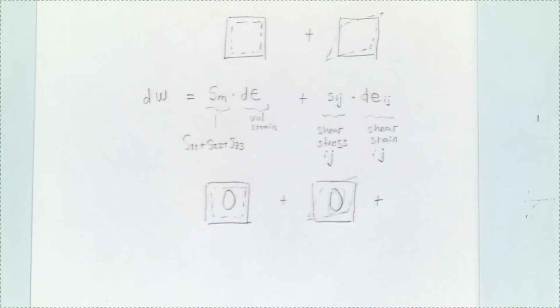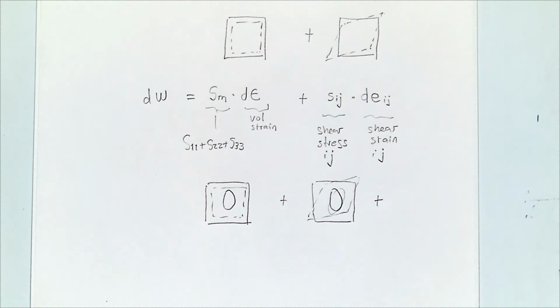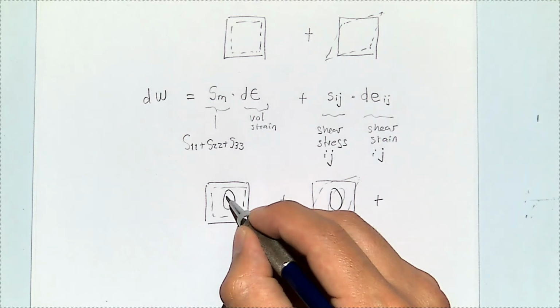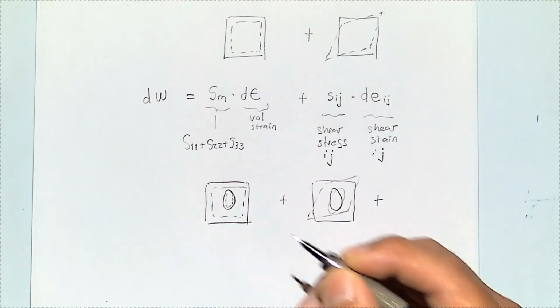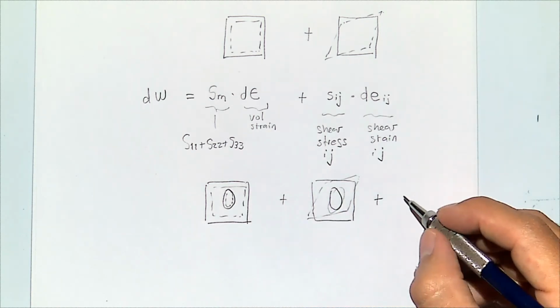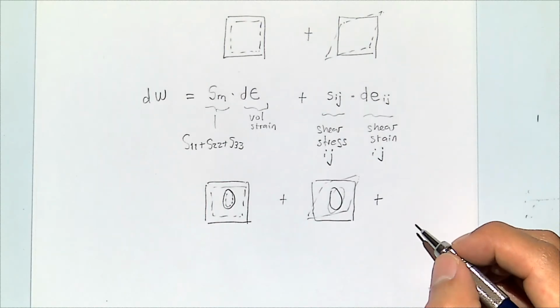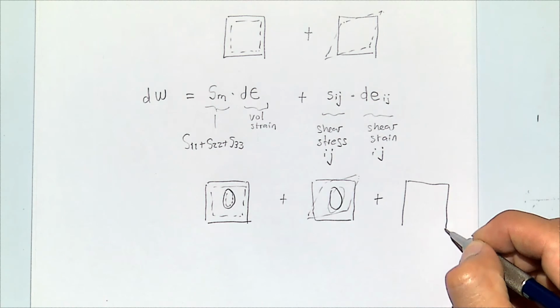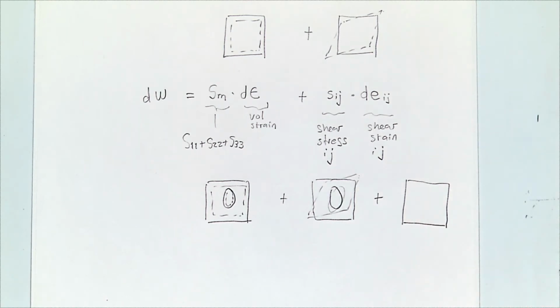But based on what we just saw before, what other type of strain can I produce in the solid? What's going to be the variable that I need to take into account?